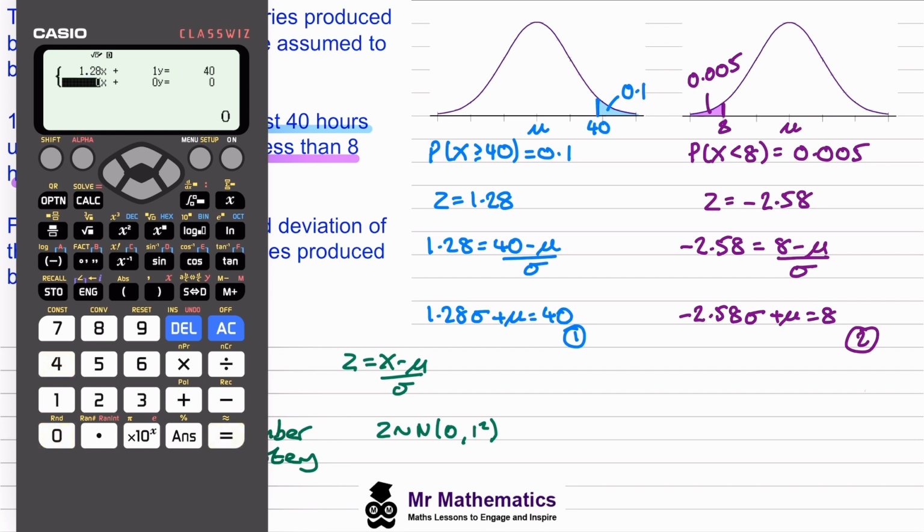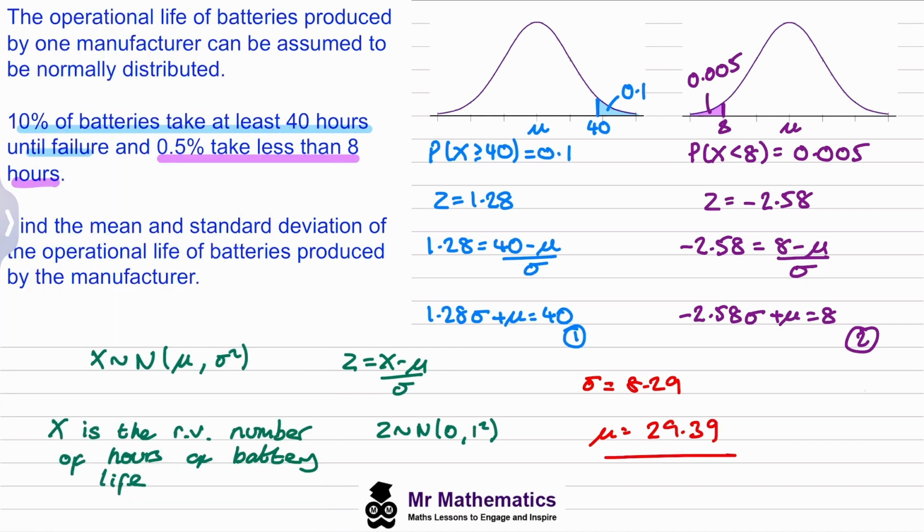For our second equation, the coefficient is negative 2.58, the coefficient of mu is 1, and our constant this time is 8. So we can see the standard deviation is 8.29 and the mean is 29.39.